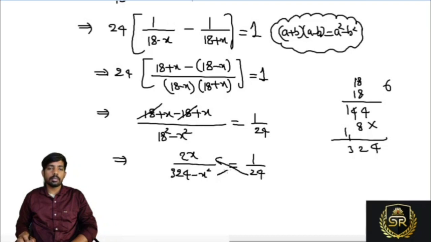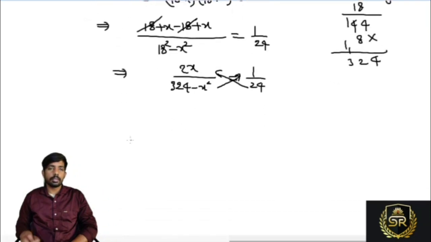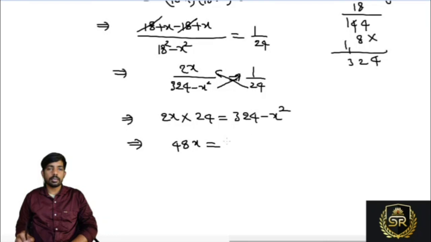Cross multiplication: 2x into 24 is equal to 324 minus x square. 2 24s are 48, so 48x equals 324 minus x square.